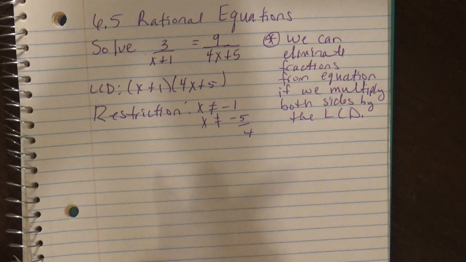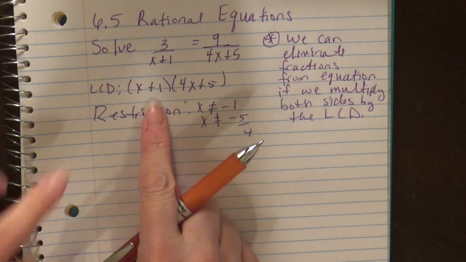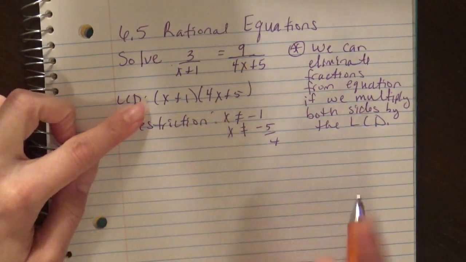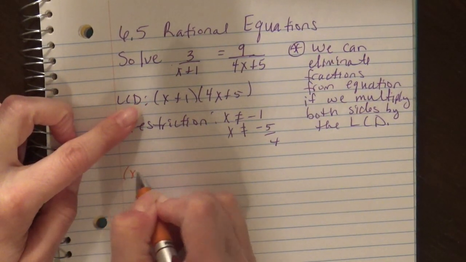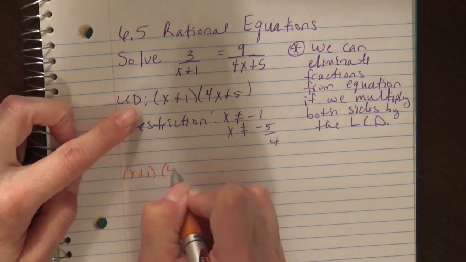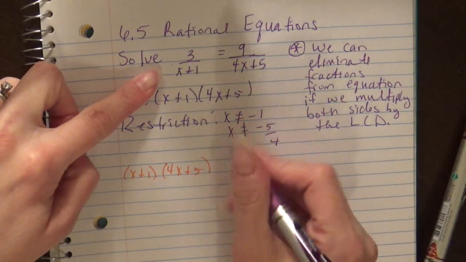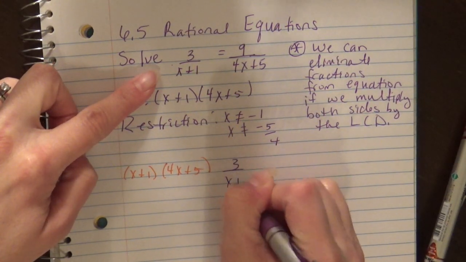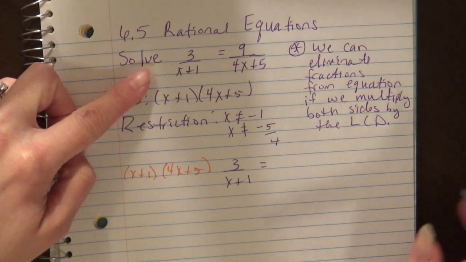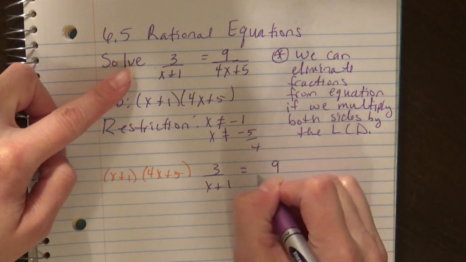So I'm going to multiply both sides of this equation by my LCD, x plus 1 times 4x plus 5. So I'm going to write x plus 1 times 4x plus 5 times 3 over x plus 1 equals. And then I'm going to multiply the right side by the LCD.